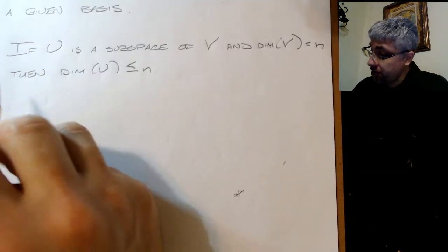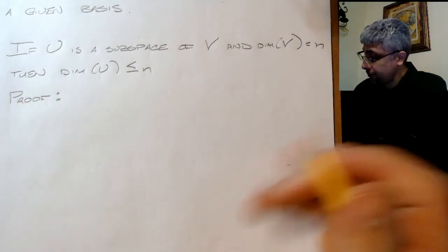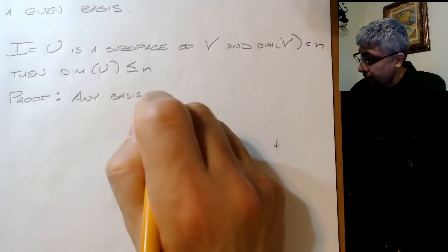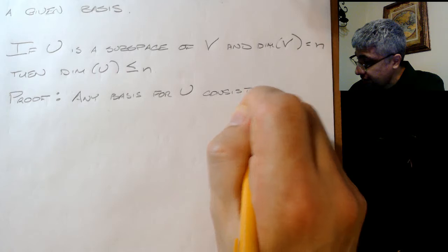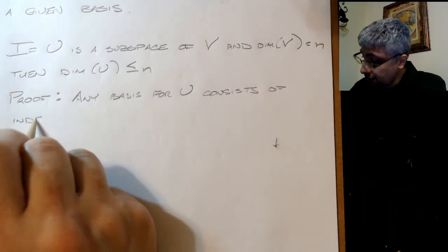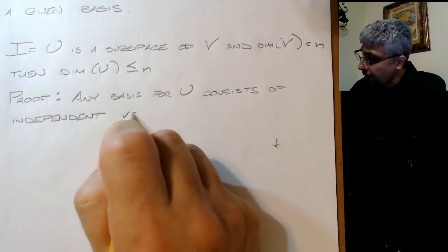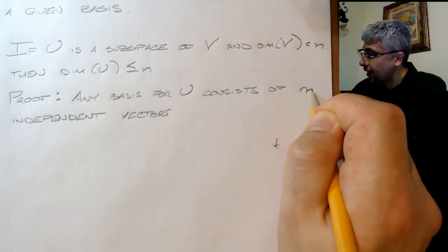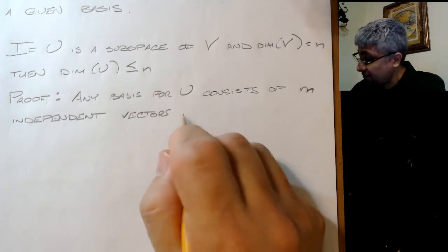And this is easy to show. Proof: any basis for U consists of independent vectors. Let's say there are M independent vectors for some value M.